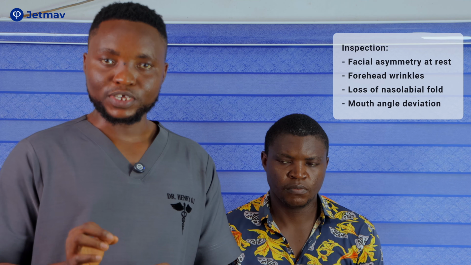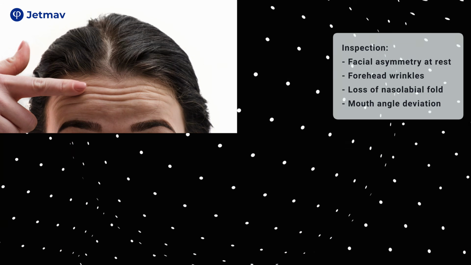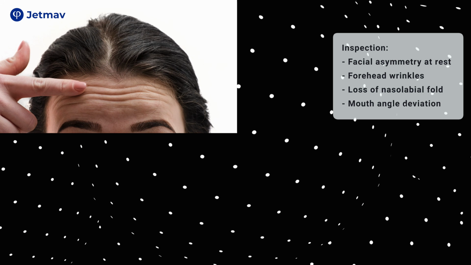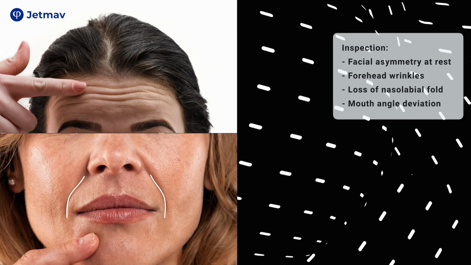In examination of the facial nerve, we start by testing the motor function, then the sensory function. In testing the motor function, we start with inspection, then test facial movements, then test for the stapedius muscle. In the inspection, we're looking for facial asymmetry at rest. Look at the forehead, check if there are wrinkles and whether they are symmetrical across the face. Check for any loss of the nasolabial fold.